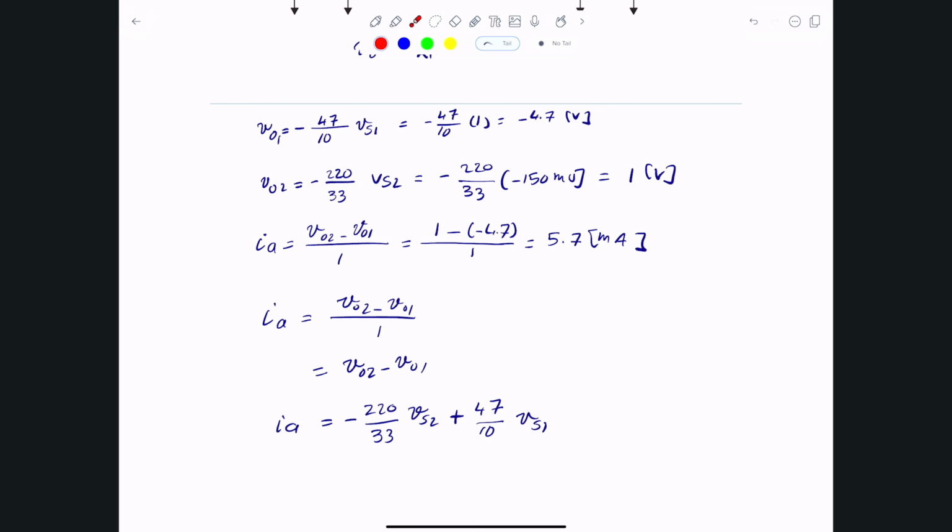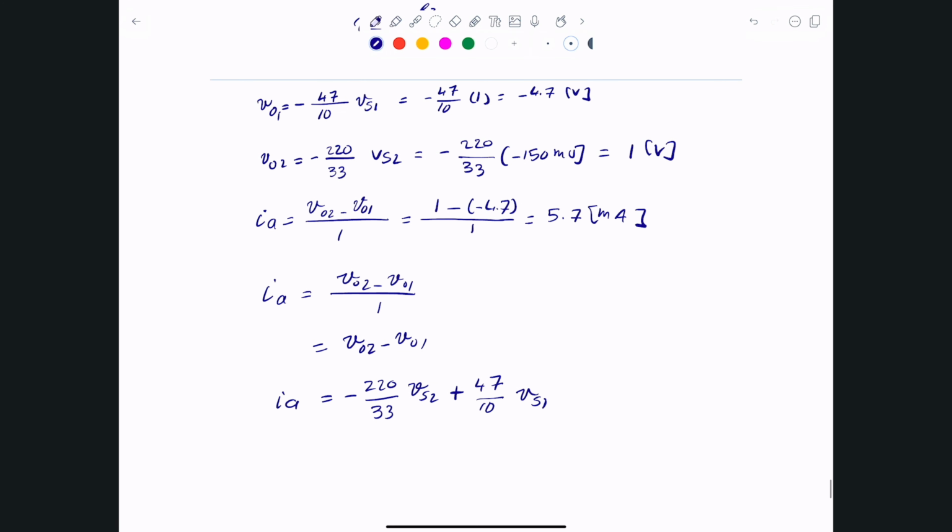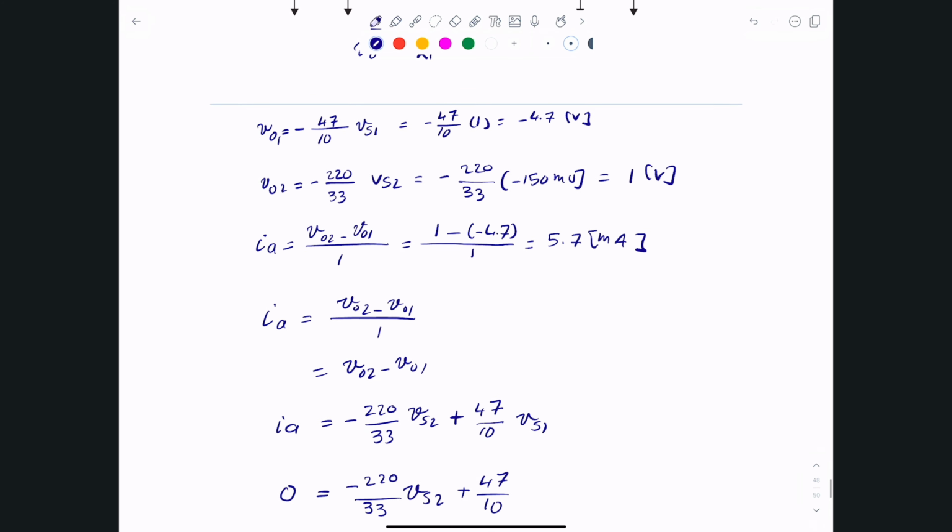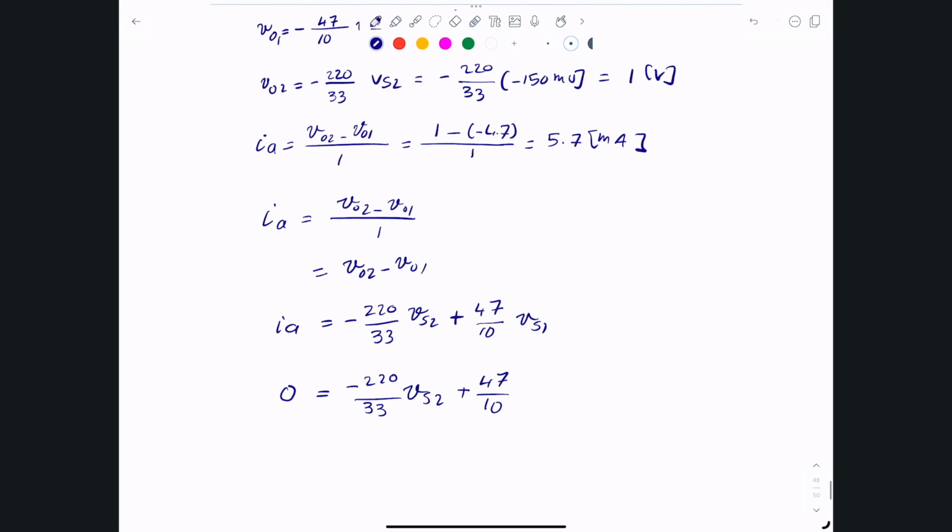Now what value of VS2 would result in a 0 IA? So we set 0 equal to negative 220 divided by 33 of VS2, plus 47 divided by 10. We have to pay attention to the negative and positive, but let's keep it at this for now. The value of VS1, I'm not being asked to change, so I'm just going to keep it at 1. So that's one equation, one unknown, so let's find the value of VS2.